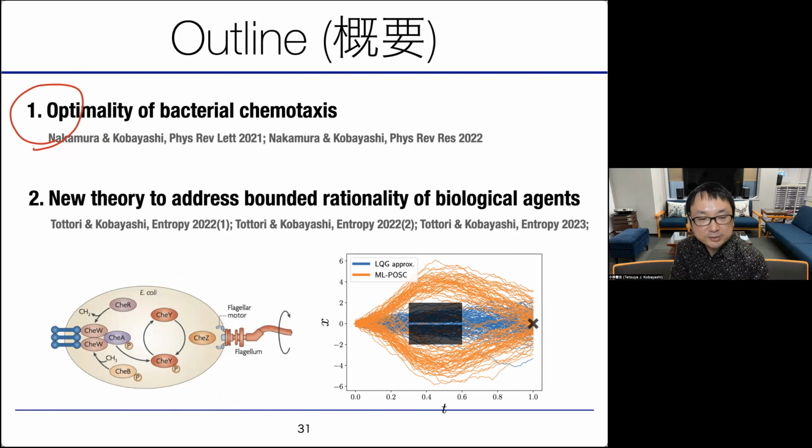So we want to extend our approach to more complicated biological information processing. But to address that, we realized that conventional optimization theory is not appropriate. This is the reason why we considered a new theory for this problem.